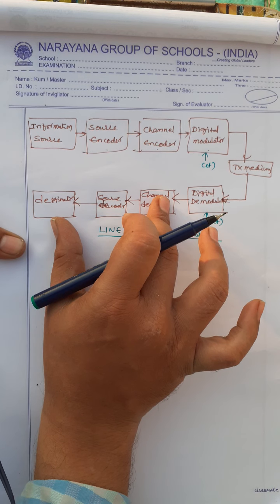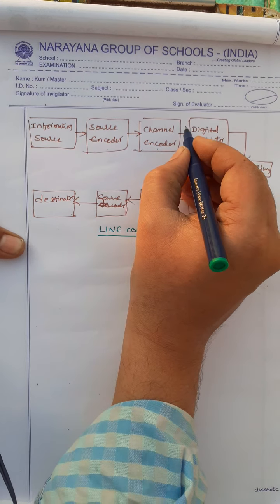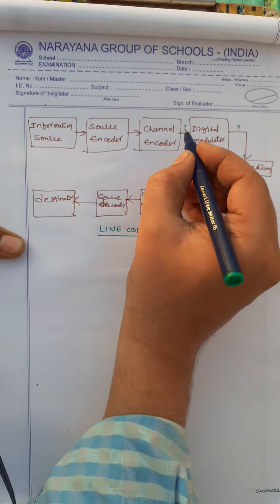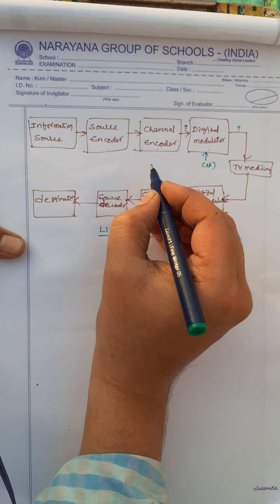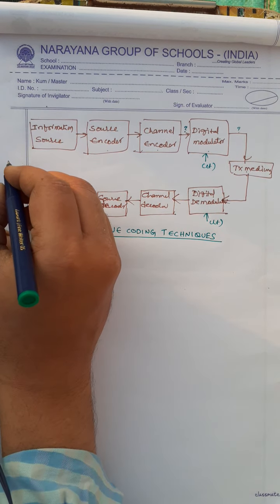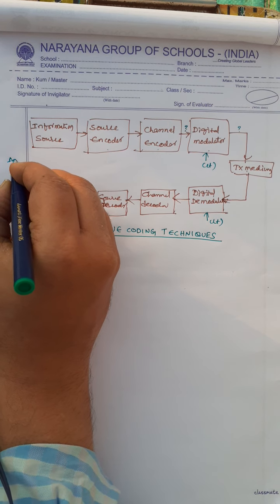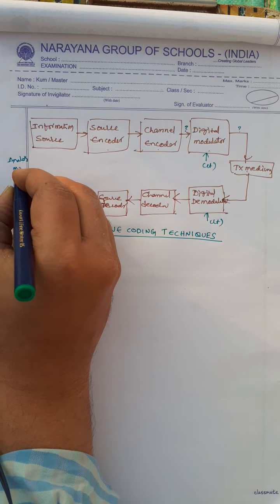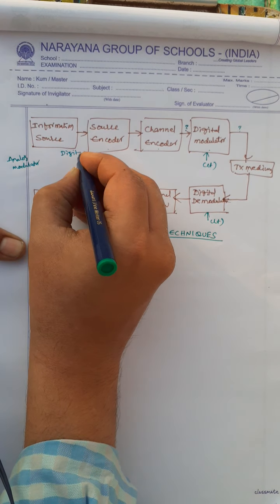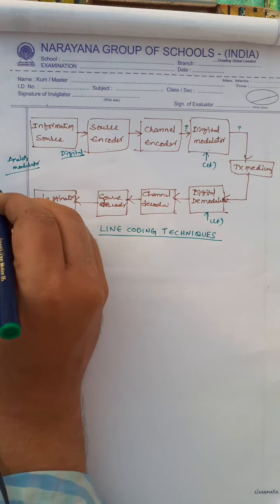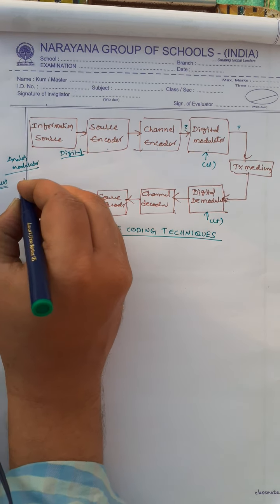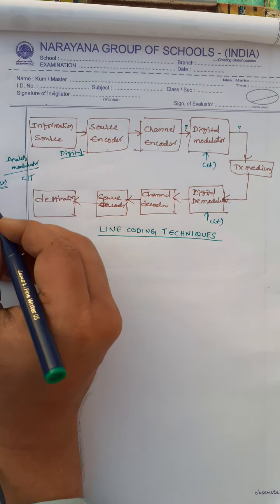Now I want to ask one question here. What is the input of the digital modulator and what is the output of the digital modulator? We know that if you go through analog modulators and digital modulators, in analog modulators the input, that is a message signal, is always continuous in time.